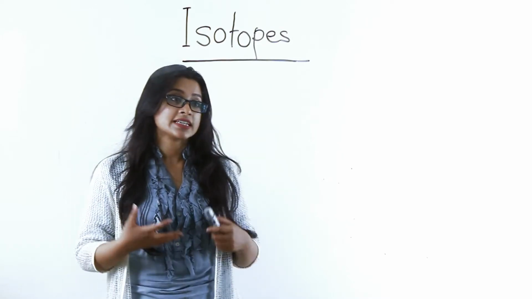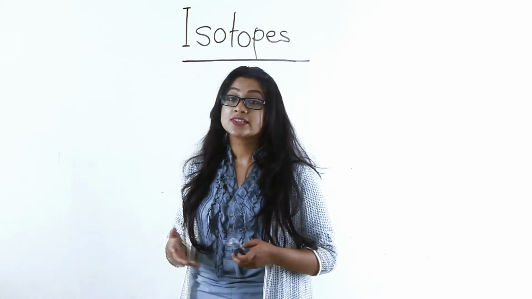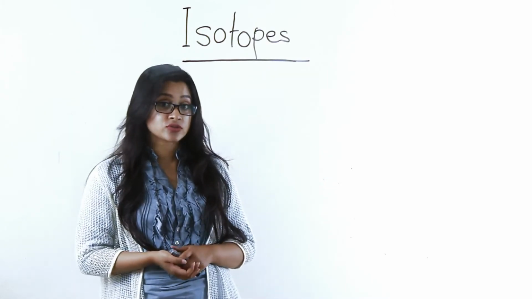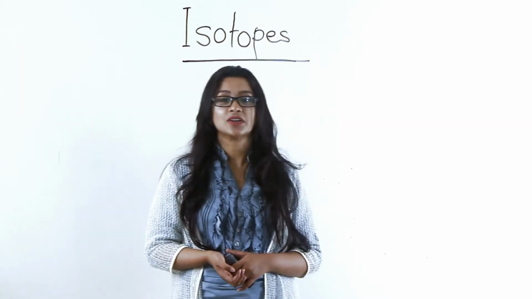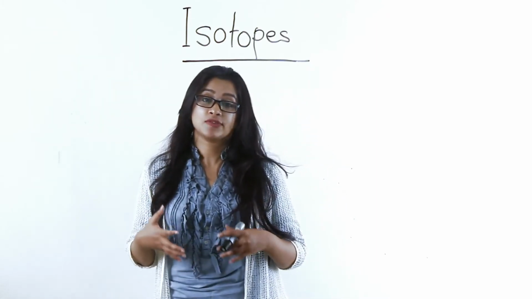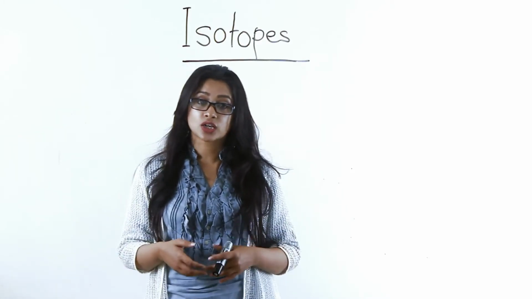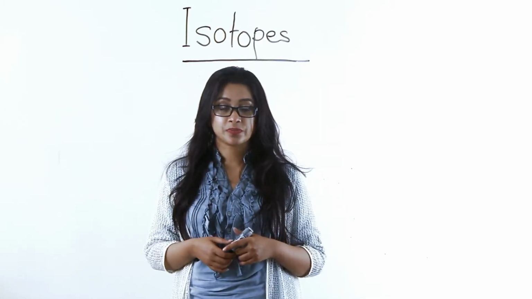And whoever is handling those radioactive isotopes, workers or professionals or researchers, has to be very careful. They have to wear specialized suits and take extra precautions so that they are not harmed.